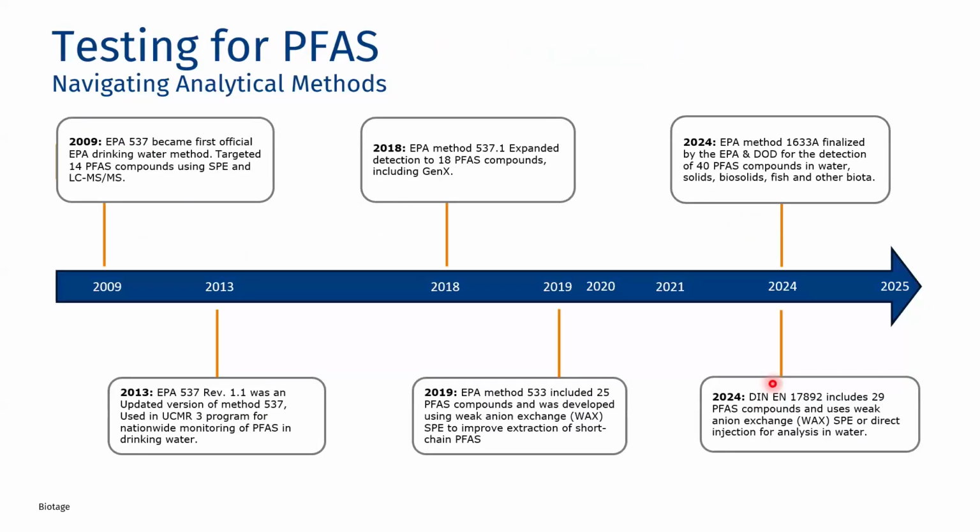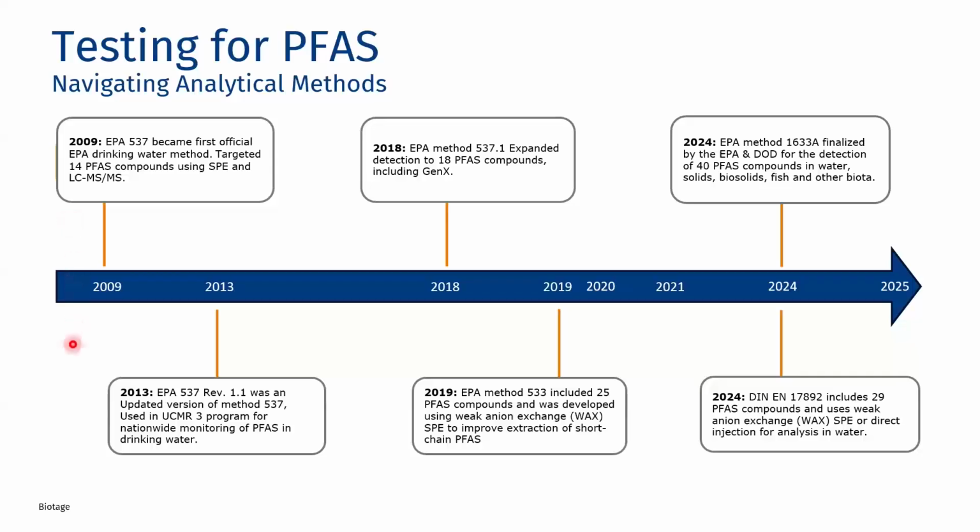So when we navigate the testing methods or the analytical methods for PFAS analysis, we don't have to look too far back in history to see how much development has been done in the last several decades. In 2009, the EPA came out with its first official drinking water method, and this method targeted 14 PFAS analytes.